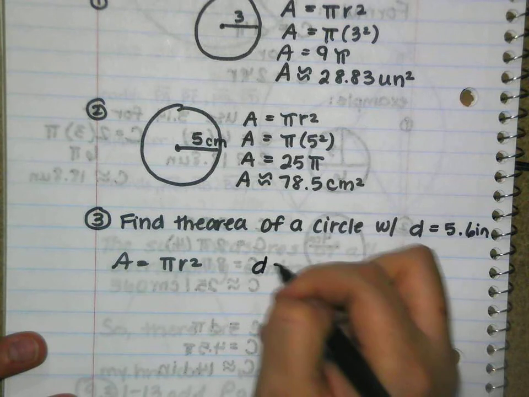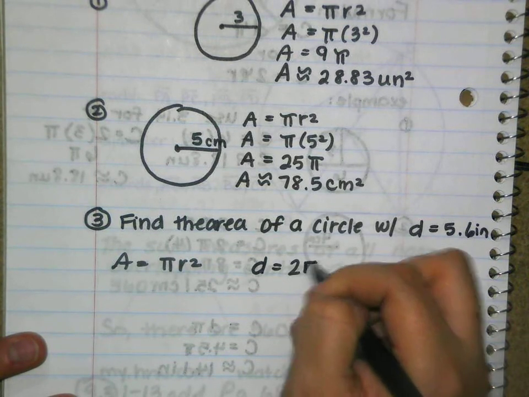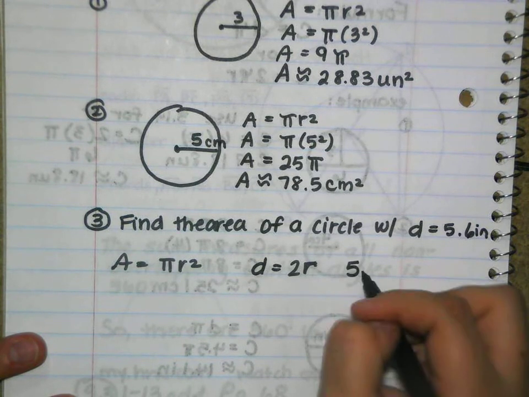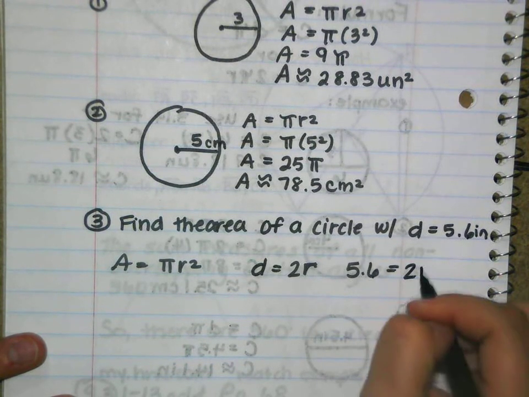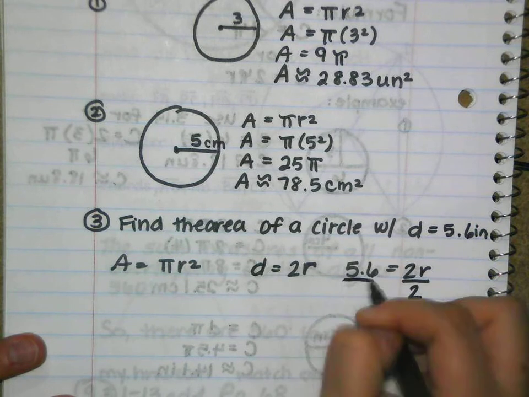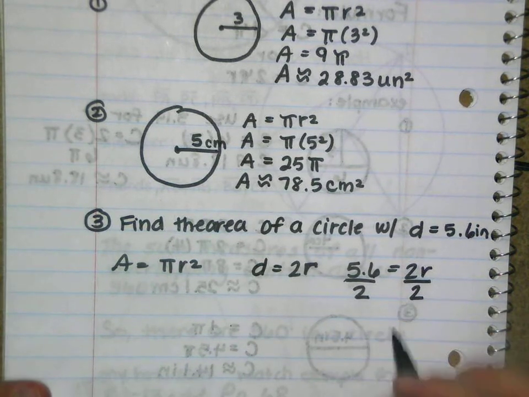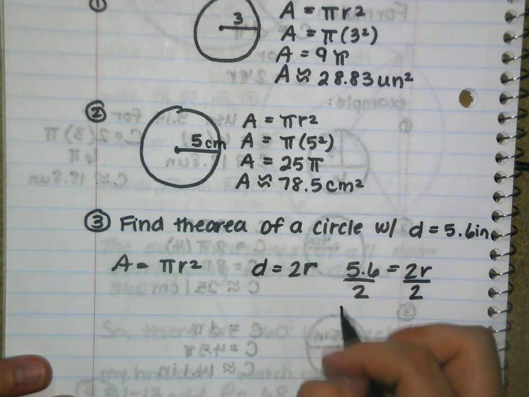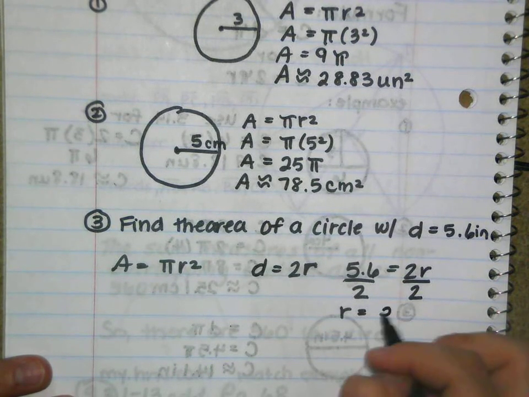Right now we don't have r. Remember that diameter is 2 times r. So if we know that diameter is 5.6, it's equal to 2r, we can quickly solve this dividing both sides by 2, and we're going to get that the radius is then 2.8 inches.